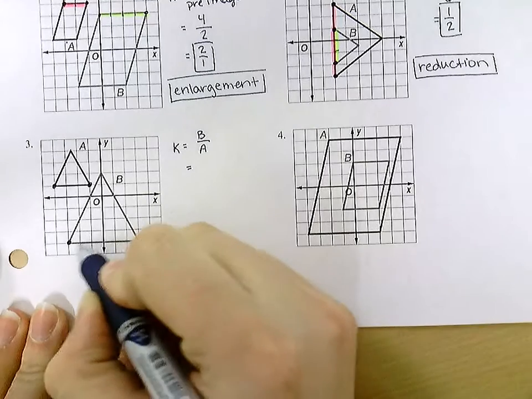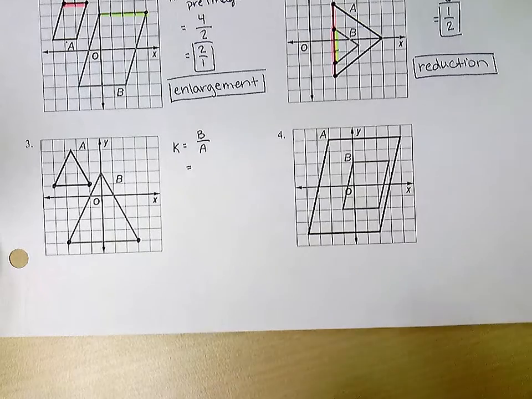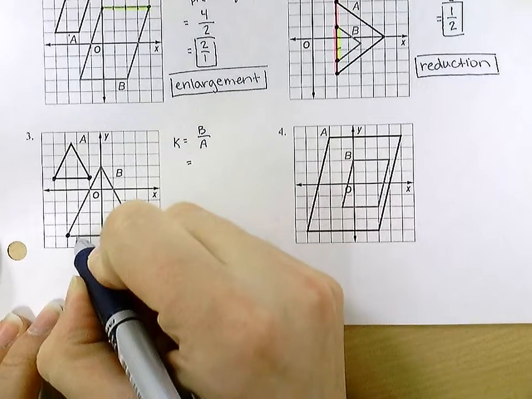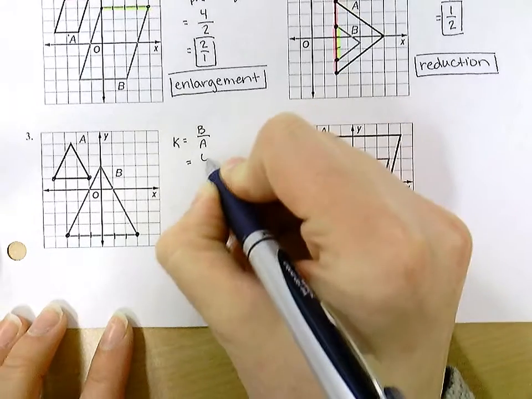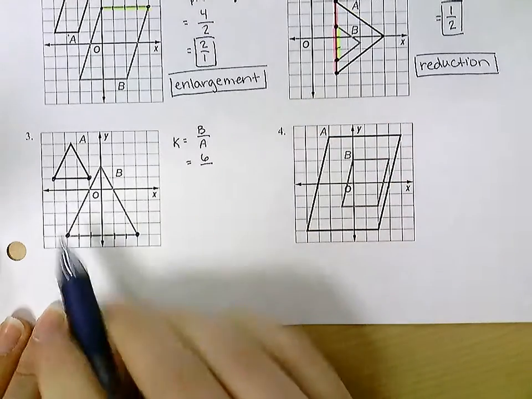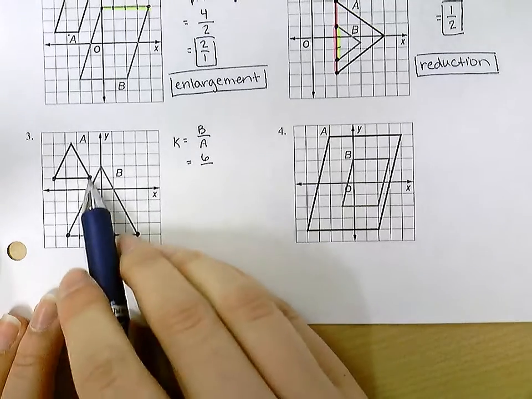Okay, since this one is a horizontal side, I can just count. So counting the points between, I have 1, 2, 3, 4, 5, 6. Okay, and then counting the points between in my pre-image A, I have 1, 2, 3.